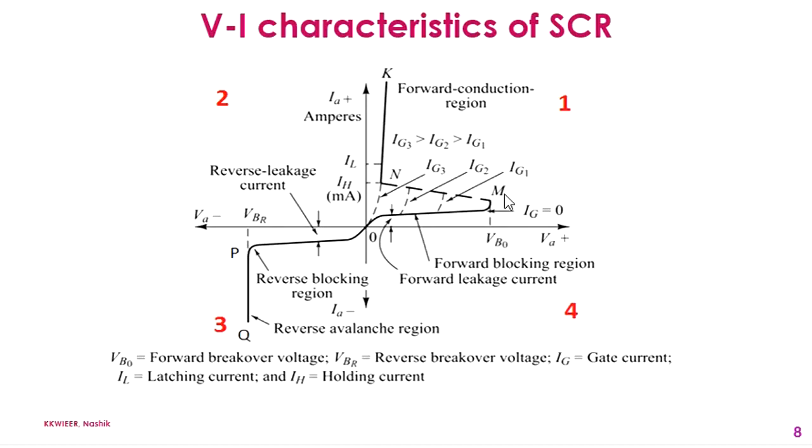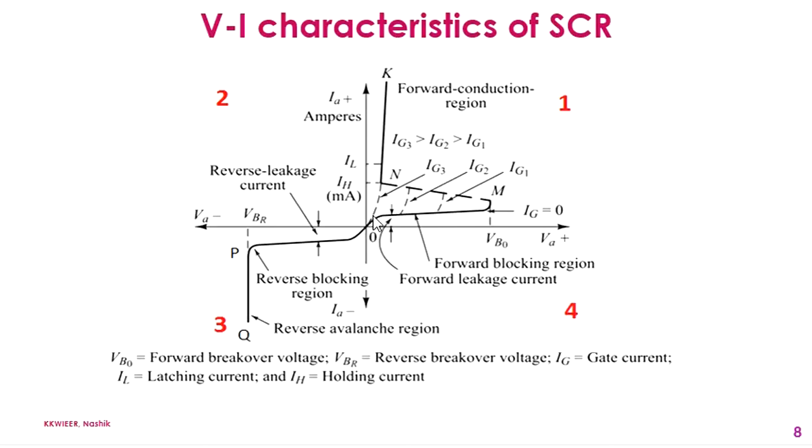Then the next region of operation is the forward blocking region. This is 0 to M. This represents the forward blocking region in the first quadrant. In this region, the anode is made positive with respect to cathode. The J1 and J3 junctions will become forward biased. Remember the second diagram of the last slide. And the junction J2 will remain reverse biased. Hence, the anode current is a very small forward leakage current.